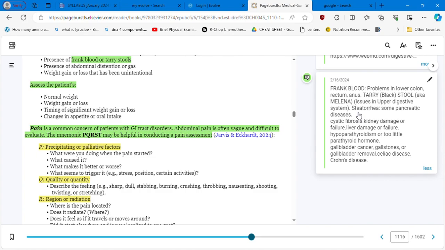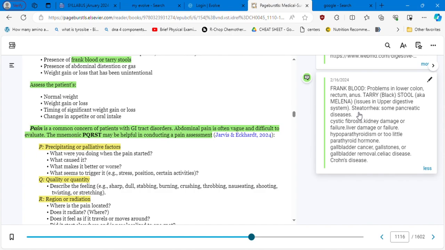So that's why we are talking about the upper digestive system, right? So melena is dark, is black stool. This blood travels the long way to get to the colon. It's going to be black blood. So if bright red, it is in the lower part of the colon, right?